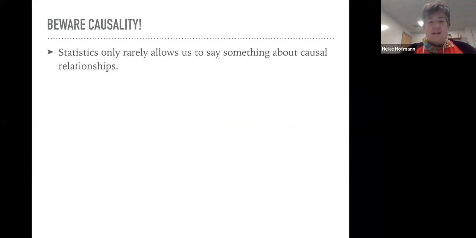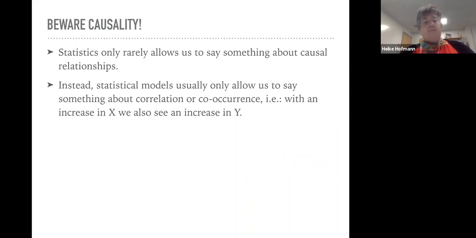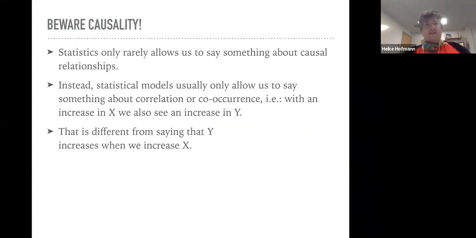So we can say that as X increases, we see an increase in Y. But what we cannot say is that Y increases when we increase X. It's a very subtle difference, but the difference is that we can't assume that there's a causal relationship between X and Y. We can only observe co-occurrence.